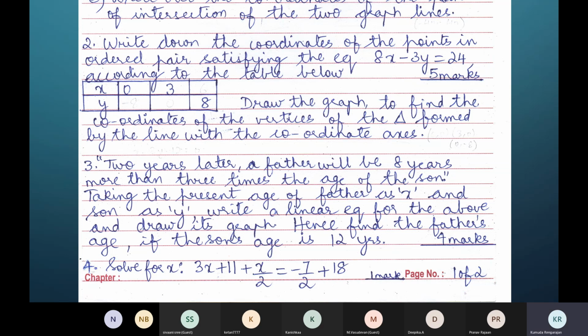Yes, children, what is the value of x? I'm waiting for the value of x. Okay, since it's time, I'll show you the answer.